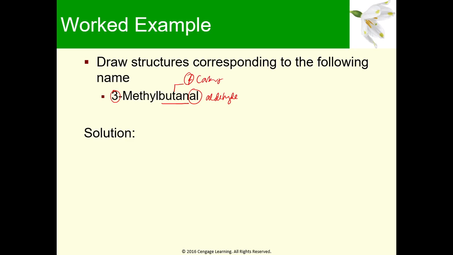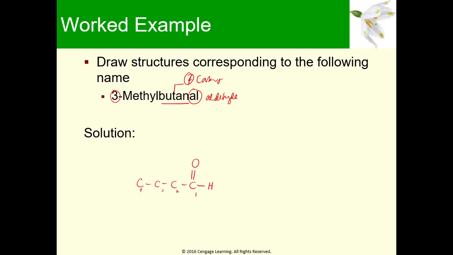Paano natin siya i-drawing? You always start with the structure. Drawing tayo ng apat. Dito, sa carbon position number 1, nandyan yung O. Since this is an aldehyde, the ending is just H. Now, this one is carbon 1, 2, 3, 4.